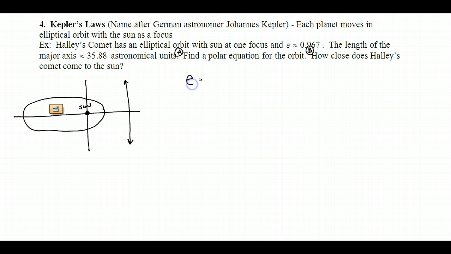What we do know is that our eccentricity is approximately 0.967. We also know the length of our major axis. So remember, wherever our center is, the length of our entire major axis is 2a. So 2a is approximately 35.88. Well, then that does allow us to solve for a.